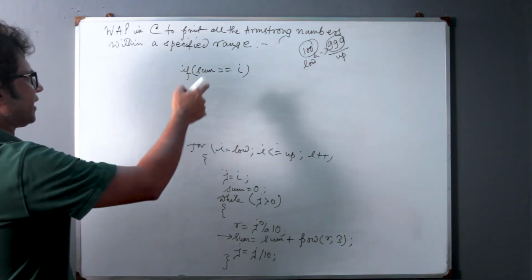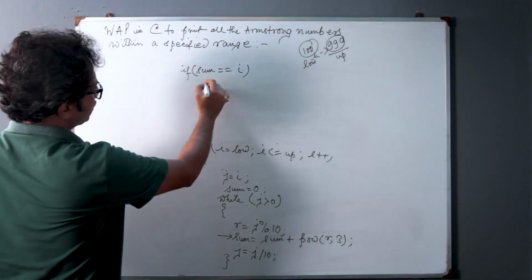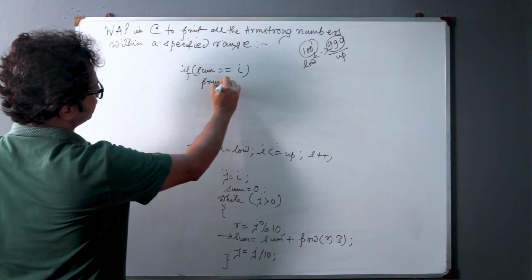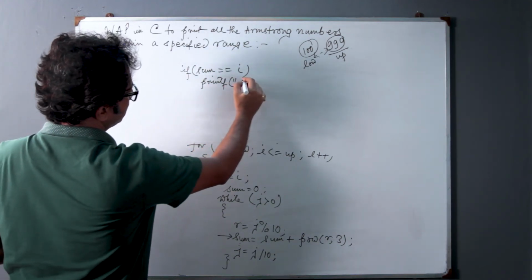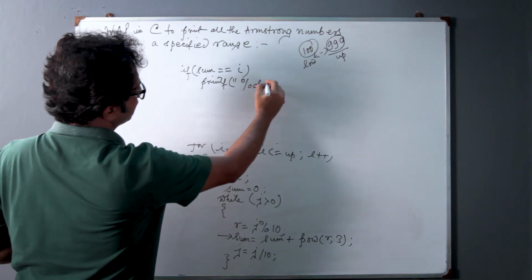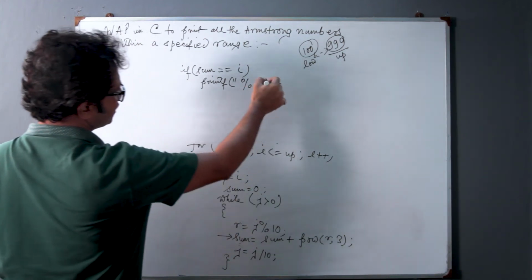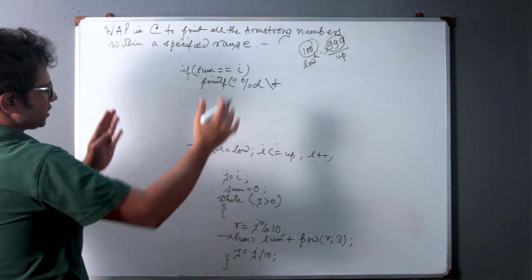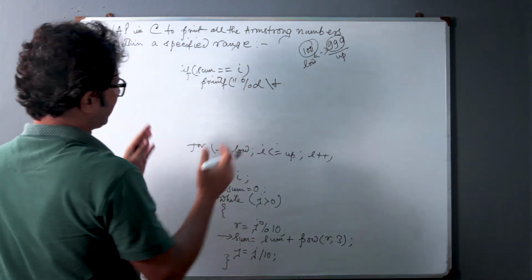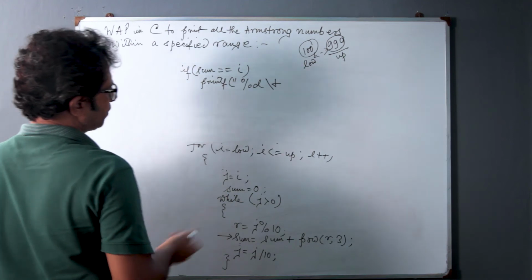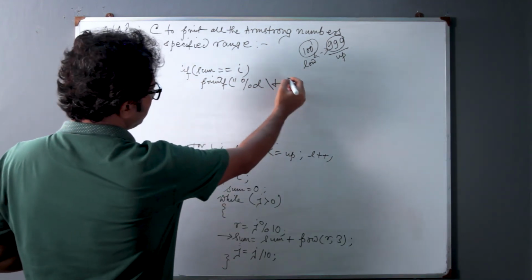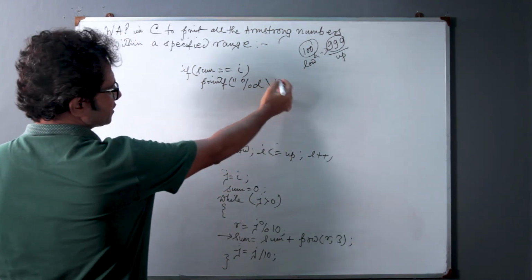So we will just get it printed. In this situation, we will print %d \t, that is, t means tab. In order to print it in a formatted way, we will place a tab. You can place it or you might not place it.